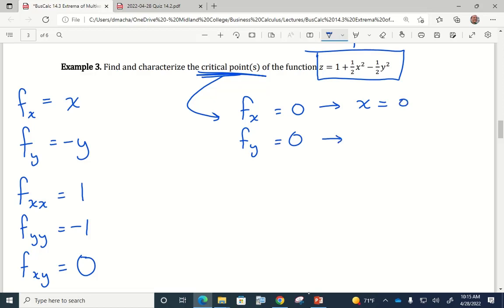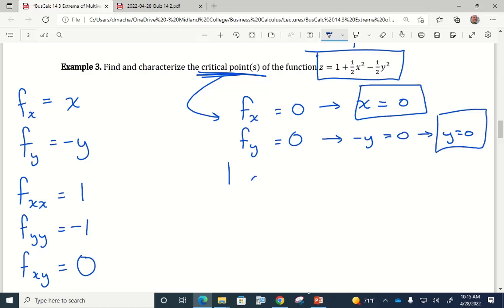And this tells me that negative y is equal to 0, which also tells me that y is equal to 0, right? So I have one critical point. And that critical point is when x and y are both equal to 0. So basically the origin on the xy plane. That would be my critical point here.